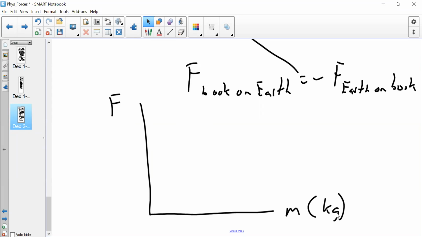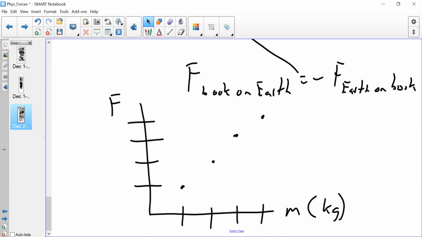We can't perform it, so we're just going to graph arbitrary data. When we perform it, we will get a linear relationship between all of these masses. Say we have mass 1, 2, 3, 4, and force 1, 2, 3, 4. We get a successive rise in force for every mass.